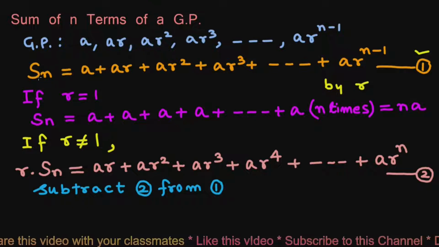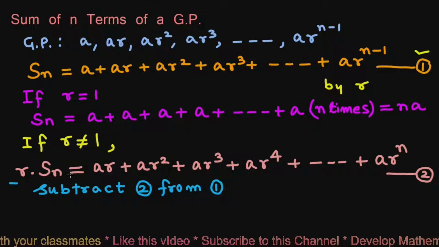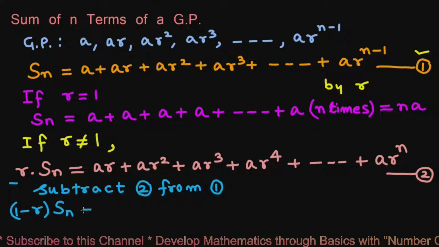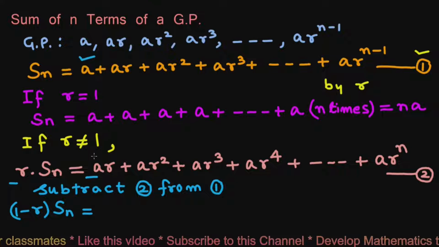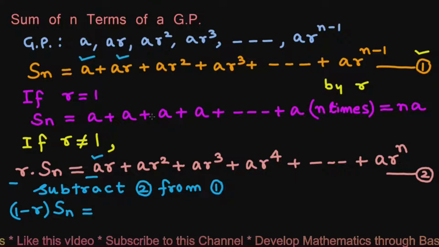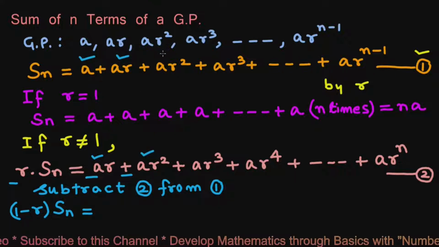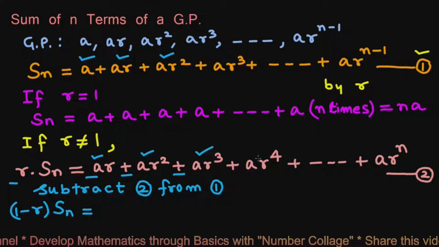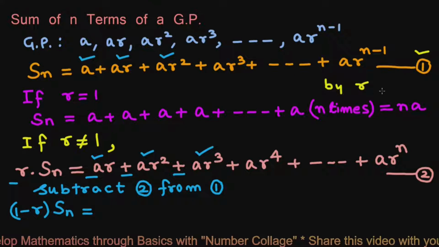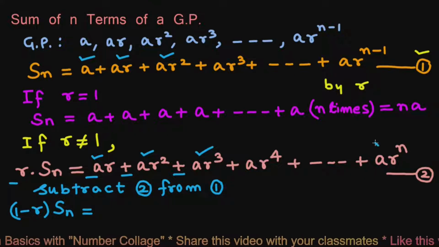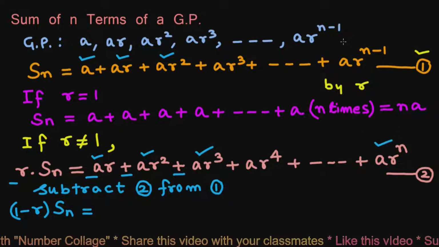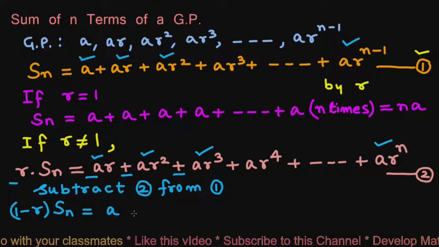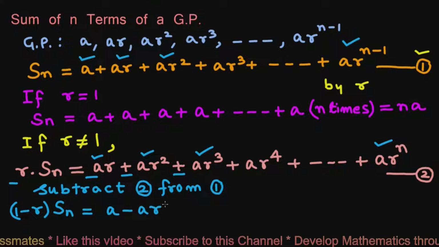So it will be Sn minus R Sn, which is 1 minus R times Sn, equals this A minus this AR minus this AR square minus this AR cube, so on and so forth, and finally we subtract this AR power n from AR power n minus 1 and write A minus AR power n.